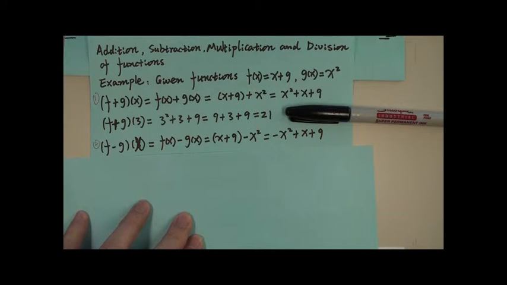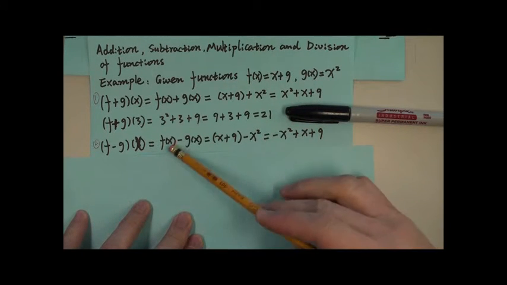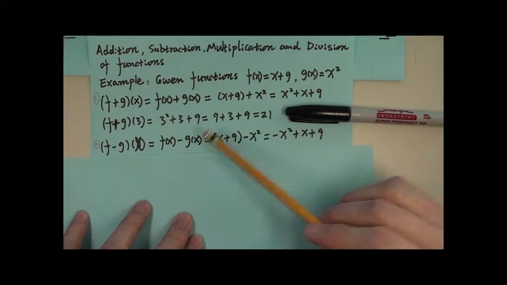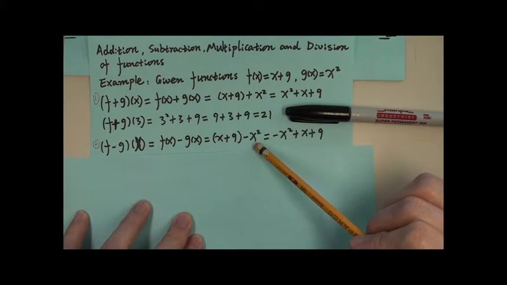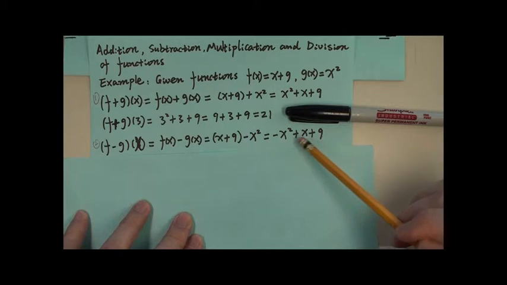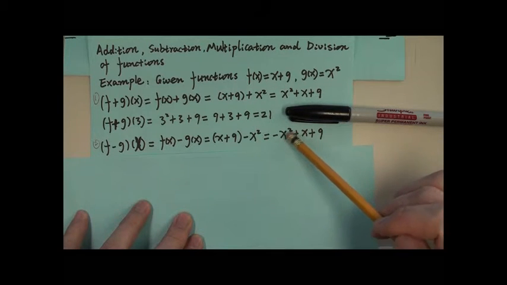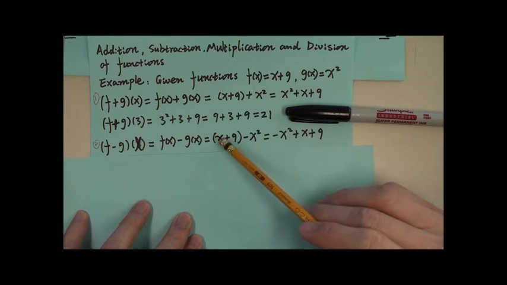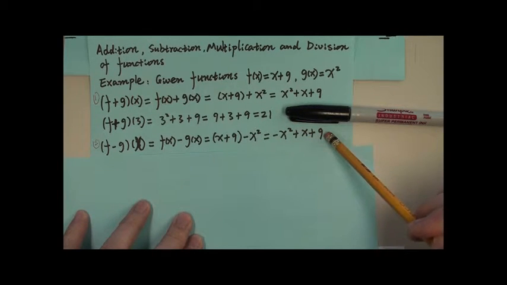Now, f of x is x plus 9. g of x is x squared. And then you write this in descending order. So then you have a minus x squared goes first, because the exponent is 2, and then x, and then 9.